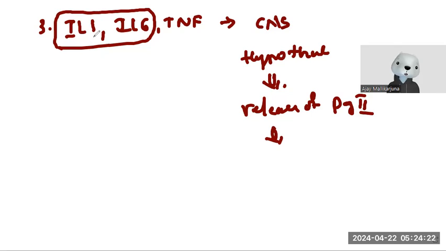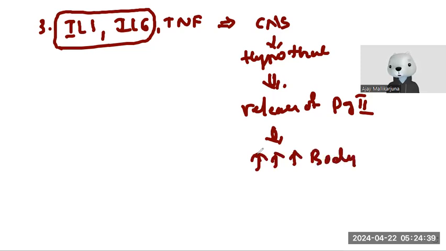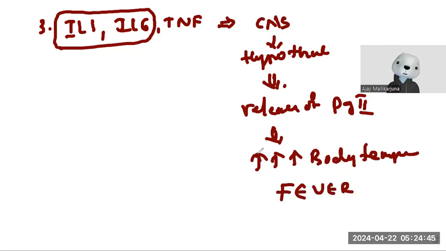When these inflammatory mediators increase, they trigger the central nervous system and the hypothalamus, release prostaglandin, and finally body temperature increases. So you will see the symptom called fever.